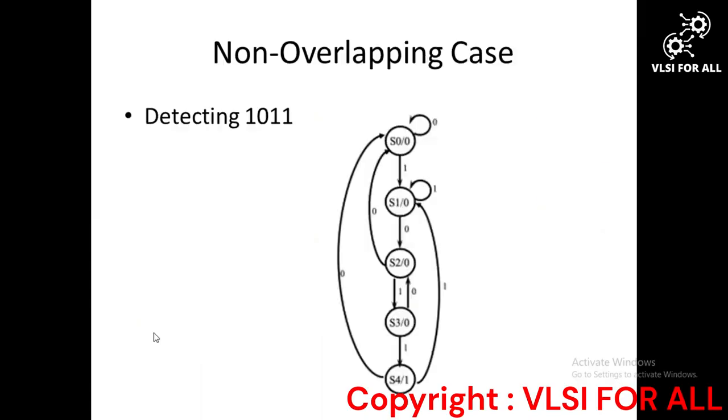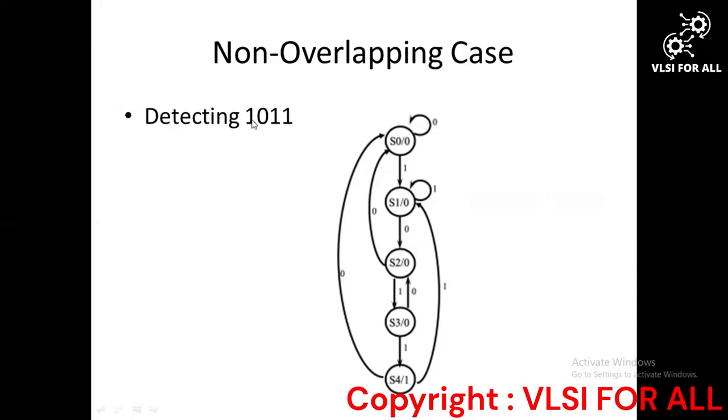So this is the state table of the Moore machine for detecting 1011. For S0, when the input is 0, the state should remain on S0. But when S0 detects 1, it will go to S1. For S1, if the input is 1, it will remain on S1. But if it detects a 0, it goes to the next state. Why so?